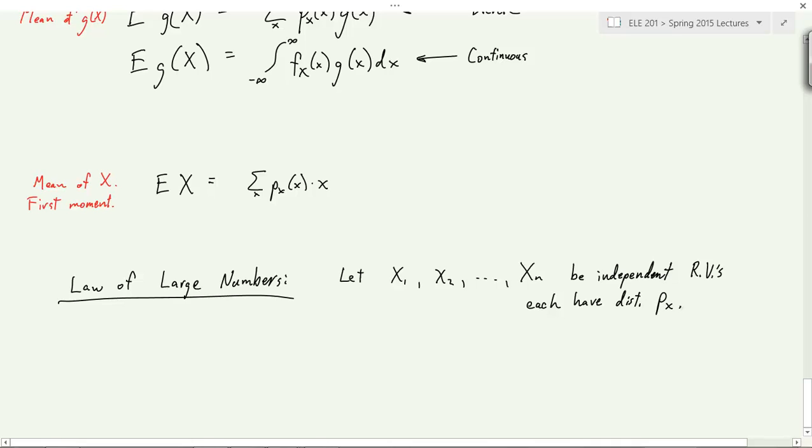Now, I haven't even defined what independent is. I think I will get to that maybe later when we need it. But you can just take this theorem statement for granted, as long as you have some intuition of what independent random variables should be.